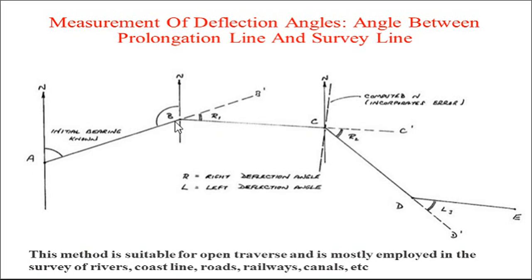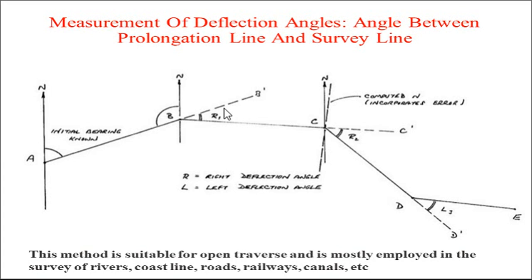A to B is this direction, then B to C is this direction, and if we extend line AB like this, then the angle made by this line with this line is called the angle of deflection.